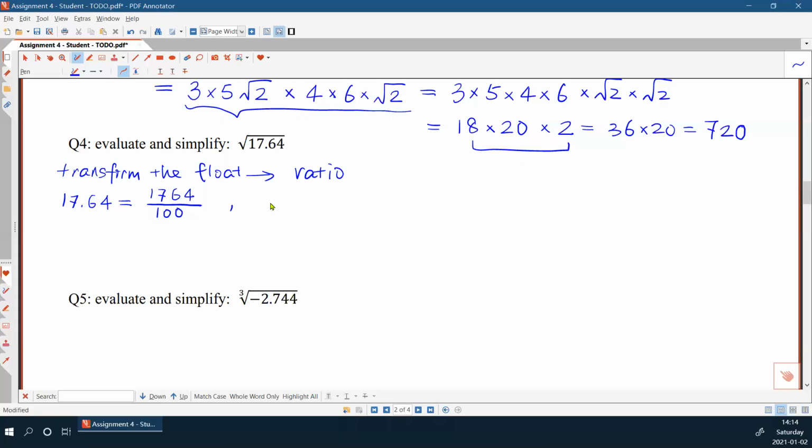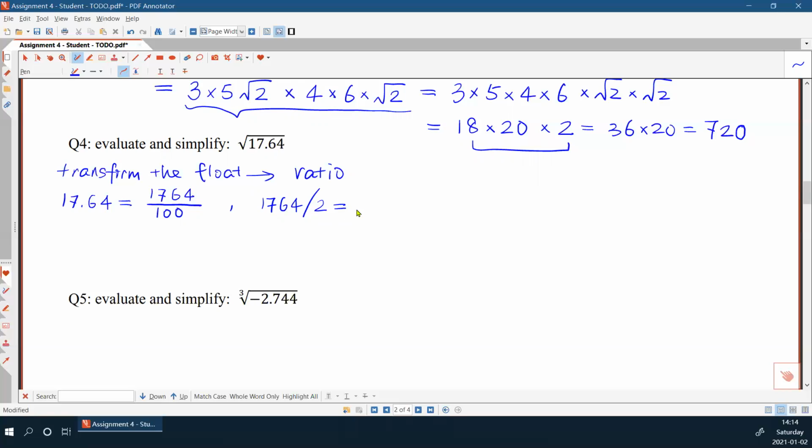The key point is, is 1764 a perfect square? Okay, to check whether this number is a perfect square, we can try to factor this number with some prime numbers. For example, it is obvious that it can be divided by 2, right?